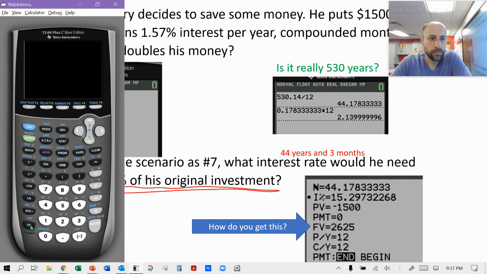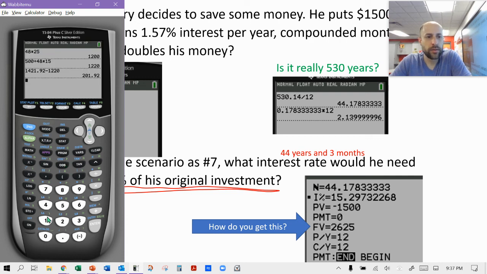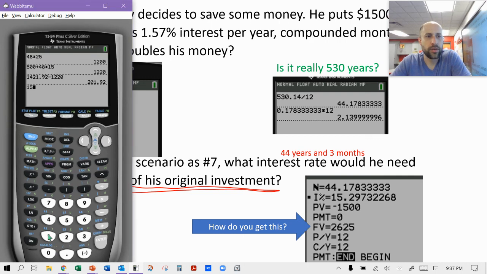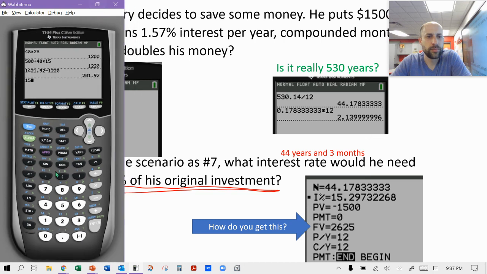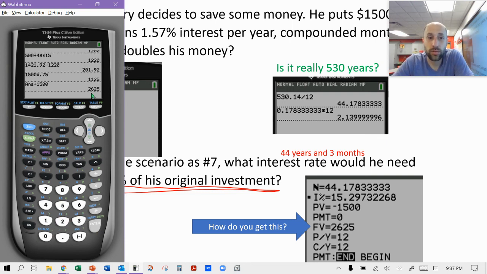Good question. Think about if you take the original investment, 1,500, and 75% of that, 0.75, is 1,125. So you could add that to the original investment, and that total is what I want my total account to be.